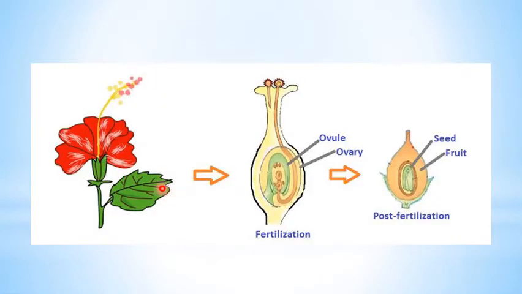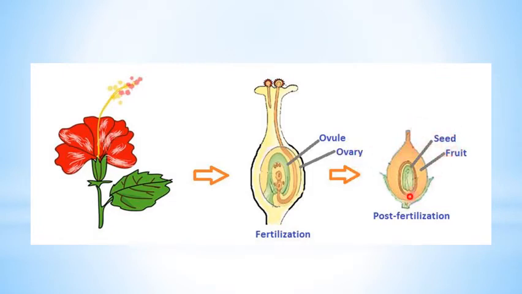In this image you can see the pre-fertilization changes, in which pollination takes place. After pollination, the pollen falls on the stigma and develops the pollen tube along with the male gamete, which reaches the ovule of the ovary where the fertilization takes place. After the fertilization, the ovule will form the seed, and the ovary will ripen to form the fruit.